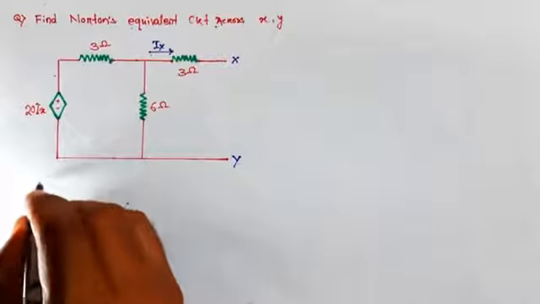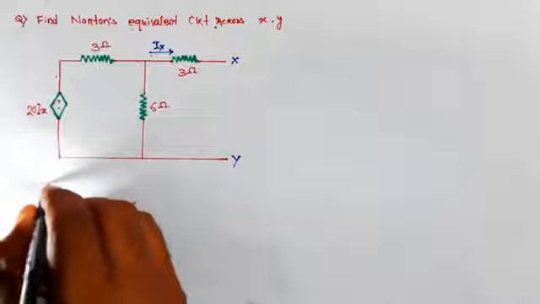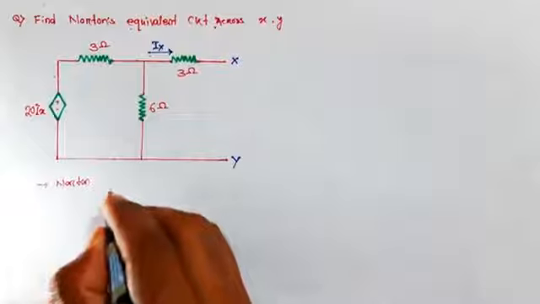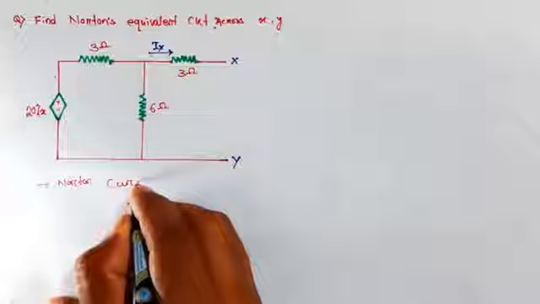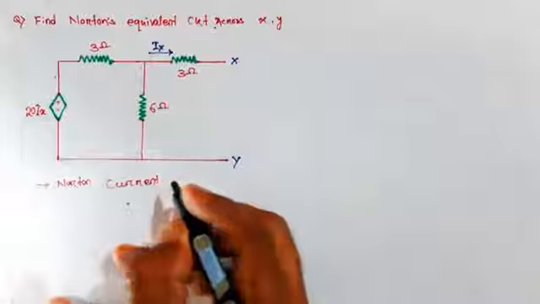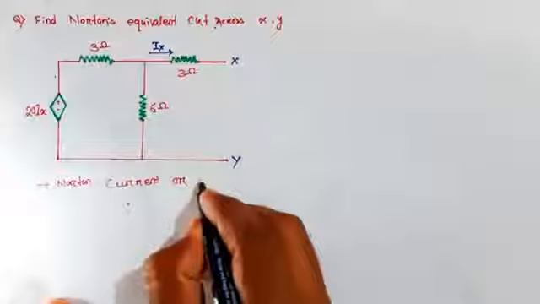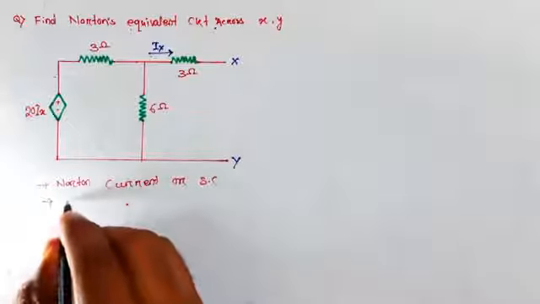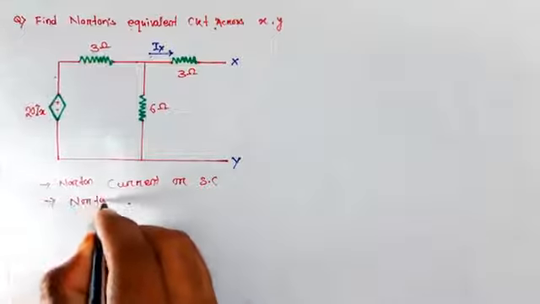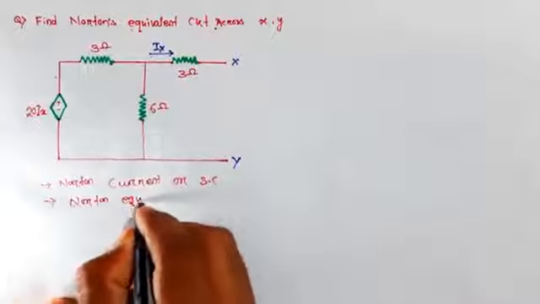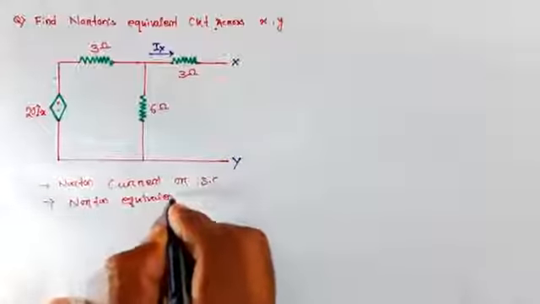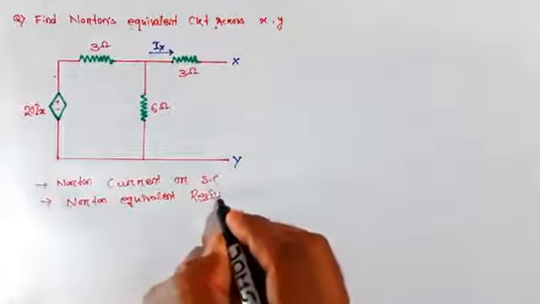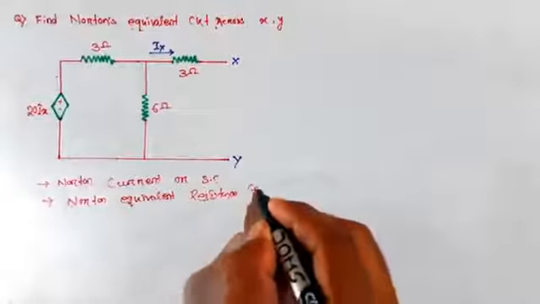One is the Norton current, also called the short circuit current, and the second one is the Norton equivalent resistance, or RN.